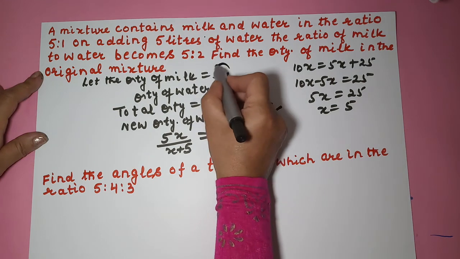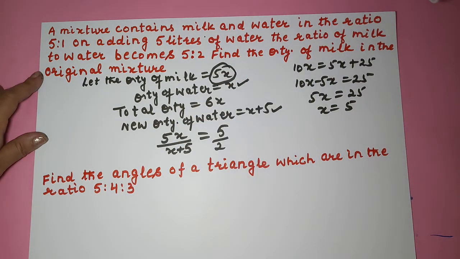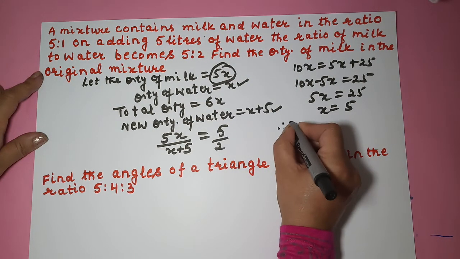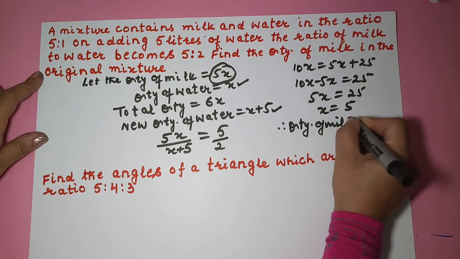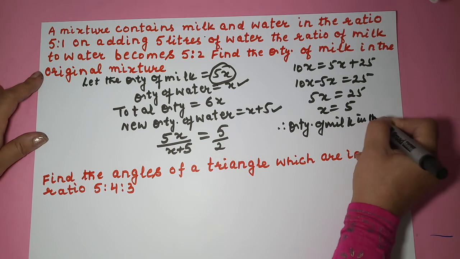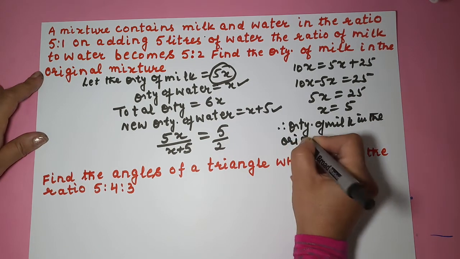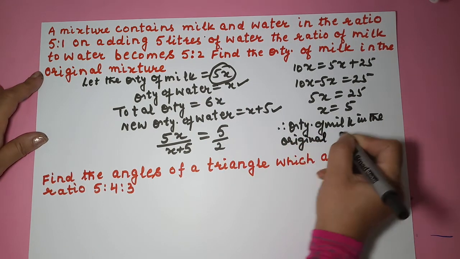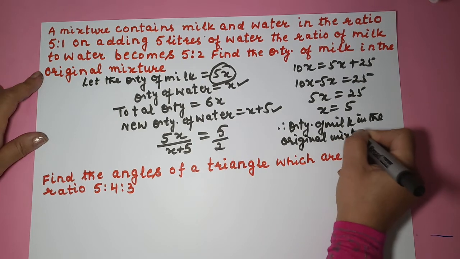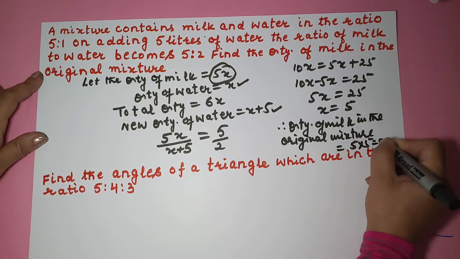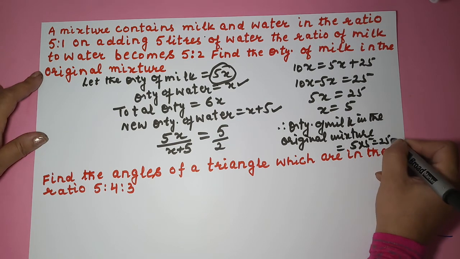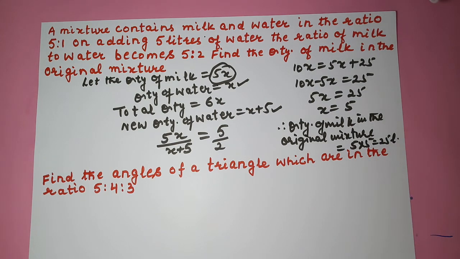What was the quantity of milk in the original mixture? 5x. So therefore quantity of milk in the original mixture was 5 into 5, that is 25 liters, right?